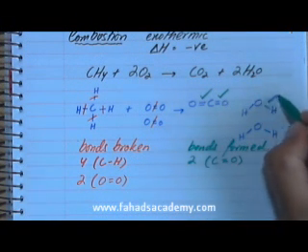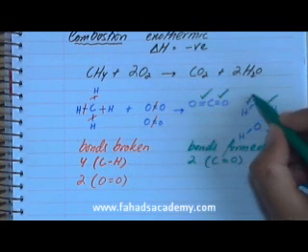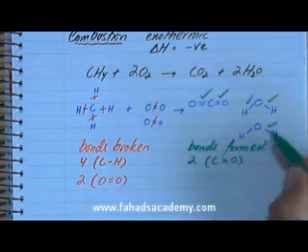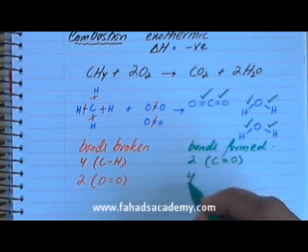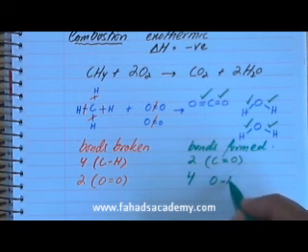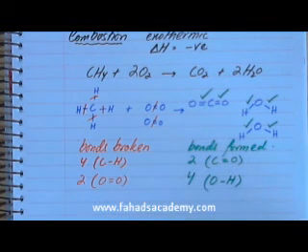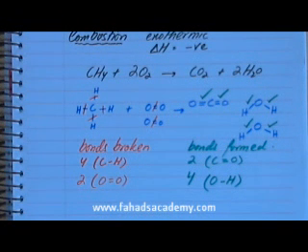Similarly, this oxygen hydrogen bond wasn't there, so it is formed, and this one is also formed. This is a new bond, and this is another bond that is formed. So there are four oxygen hydrogen bonds that have been formed in this reaction. That's the total number of bonds broken and the total number of bonds formed.